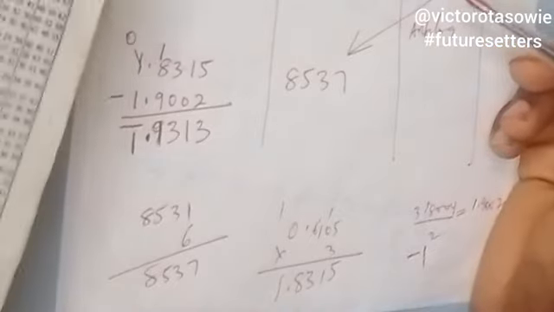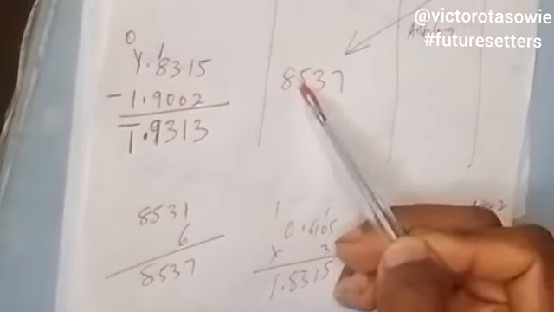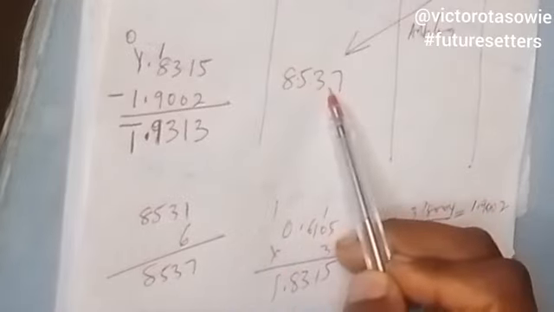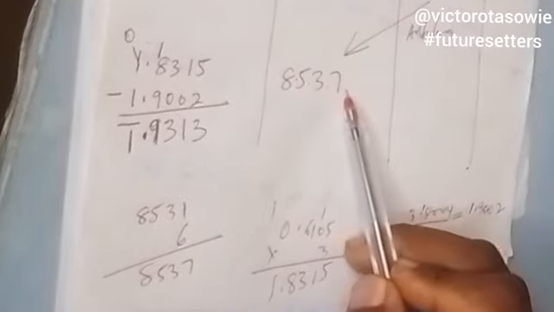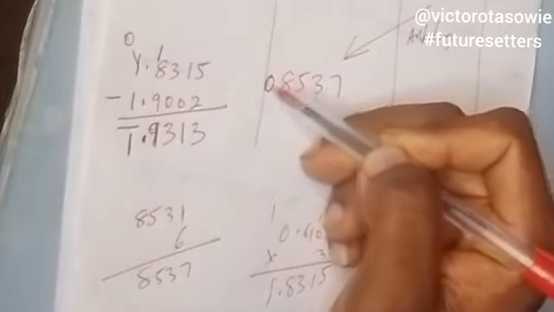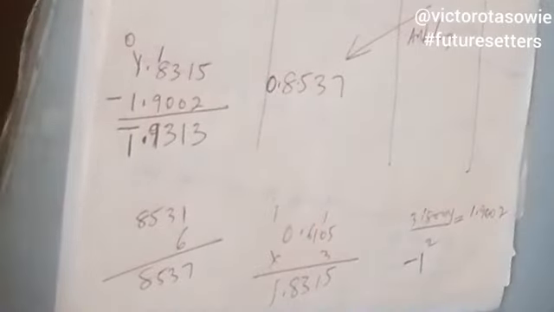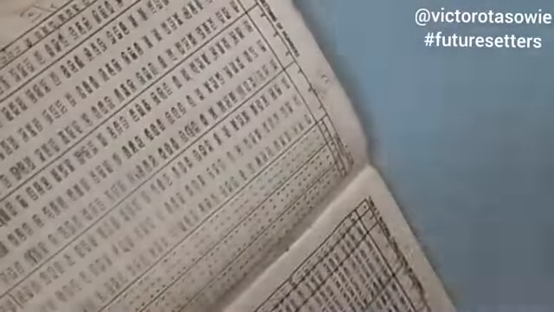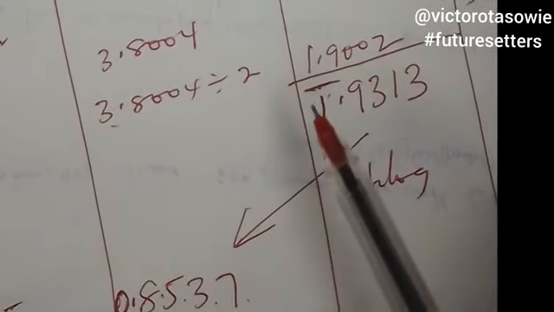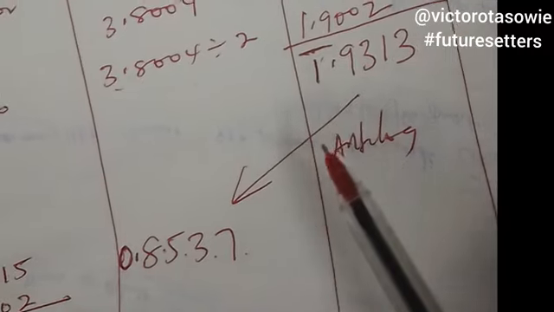Bar 1. I said it. When it is 0, the decimal point is here. When it is 1, it is here. When it is 2, it is here. When it is 3, it is here. But when it is bar 1, it is in front. So the decimal point will now come to the front, which is 0.8537. Bar 1 indicates minus, raised to the power of minus 1.